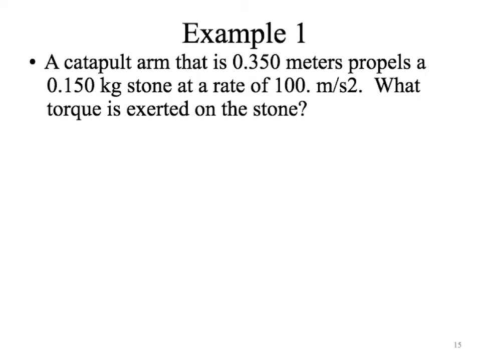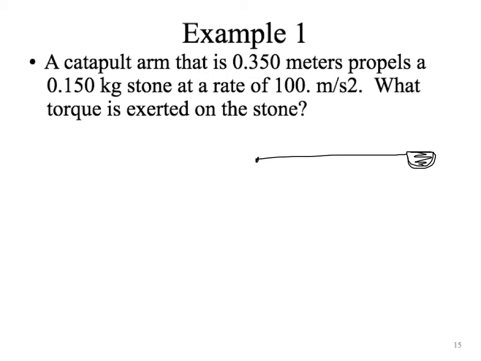We have a catapult arm. If you have a catapult, I'm going to use a point mass about an axis, because the arm of the catapult is not going to be much of anything compared to the end of it.